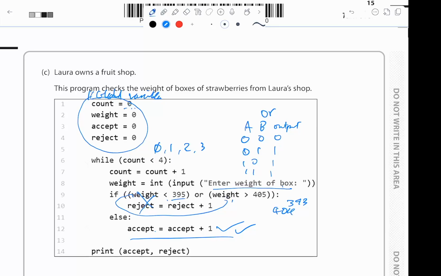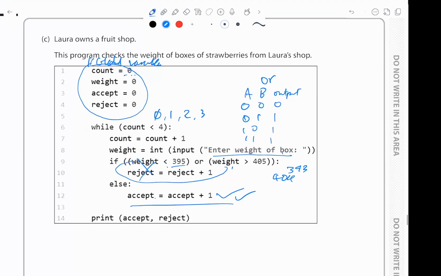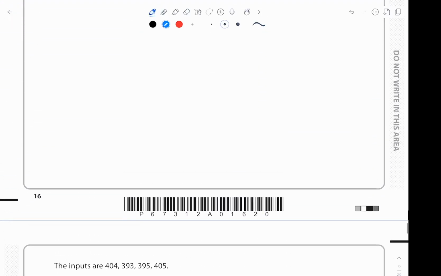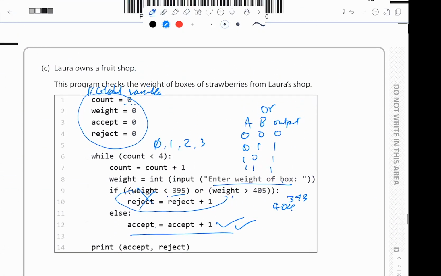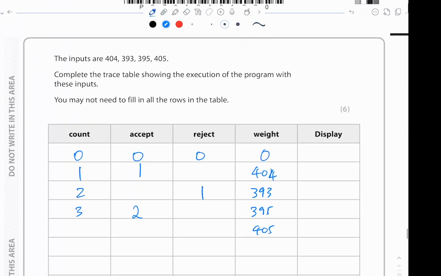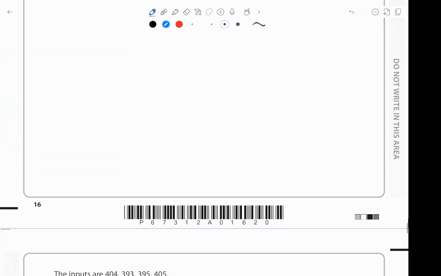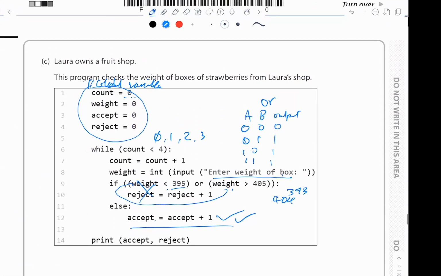So at this point, what's going to happen? We've got 0, 1, 2, and 3. We've got 405. So the count is still 3.